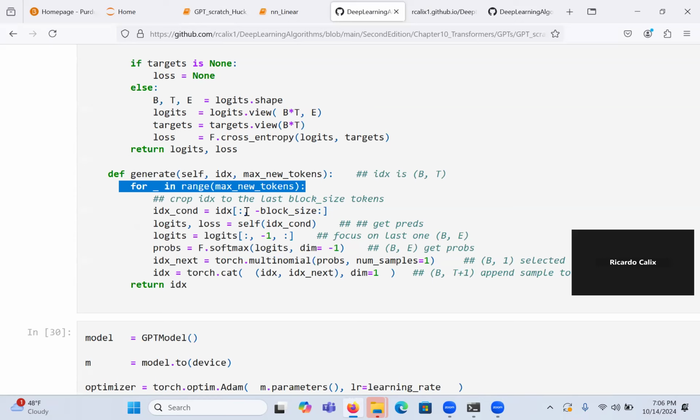You grab that and give IDX condition to self, and self is forward, so it does the model prediction. Do you guys see that? Any questions? It's referencing its own forward mechanism, basically.